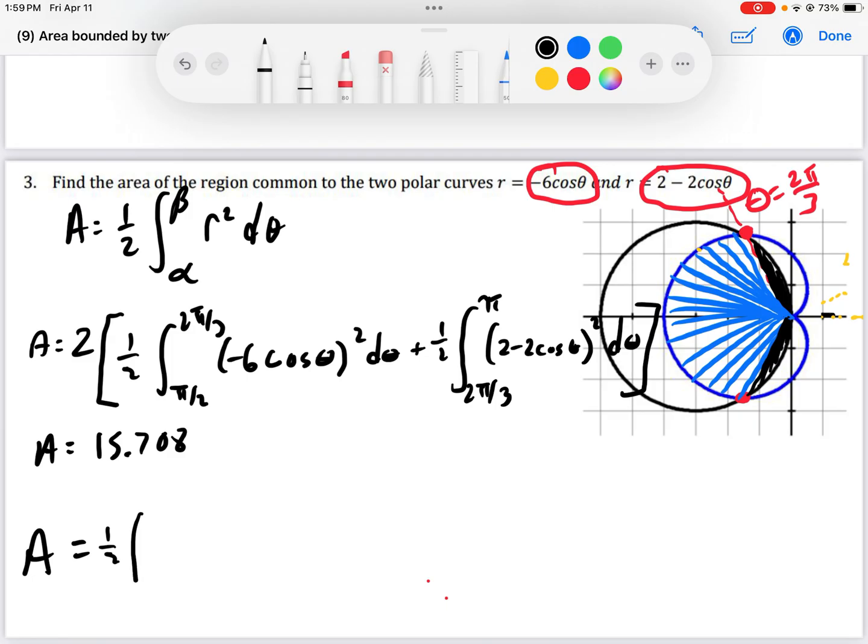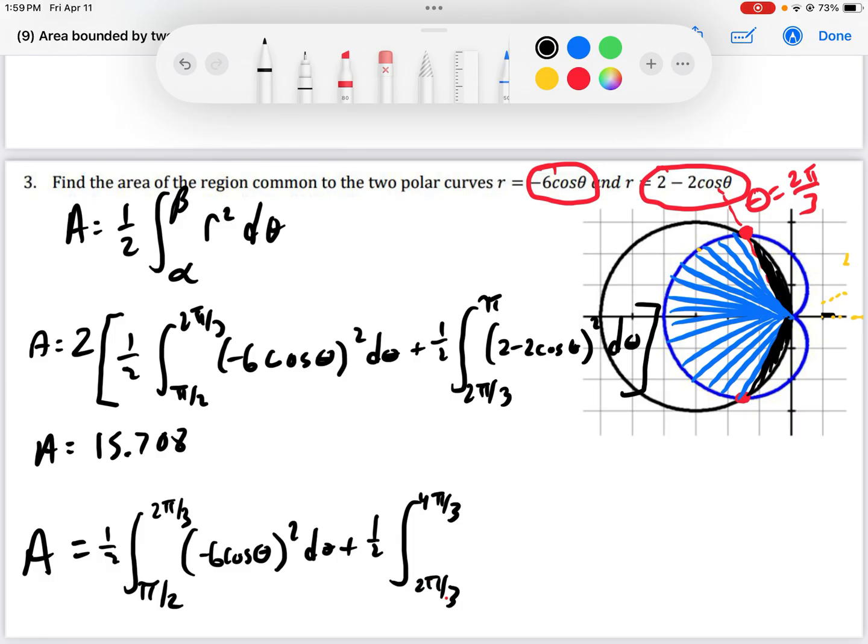So another way to write it would be 1/2 integral from pi over 2 to 2 pi over 3 using that -6 cosine theta radius squared d theta, plus 1/2 the integral from 2 pi over 3 to 4 pi over 3 using the other blue radius function, so 2 minus 2 cosine theta squared d theta.